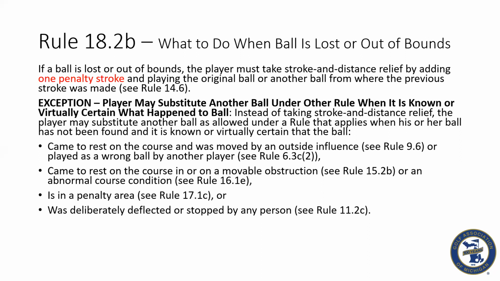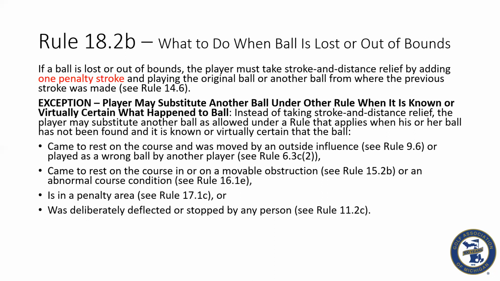So this concept of being choosy here, where you can choose what you want to do, is still in play. In all these situations, the player has the option to go back to where they last played from, but they could also take relief. The most common one we see is the player hits a ball and we know it's in the penalty area. One of their options is to go back and play, but they could also take relief.